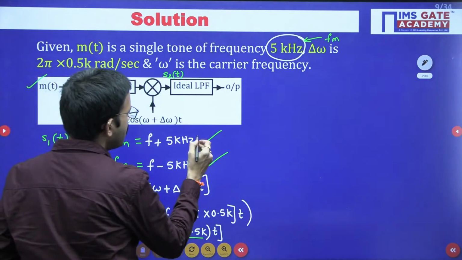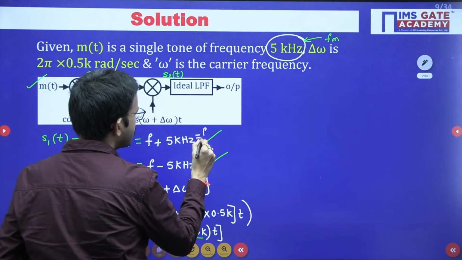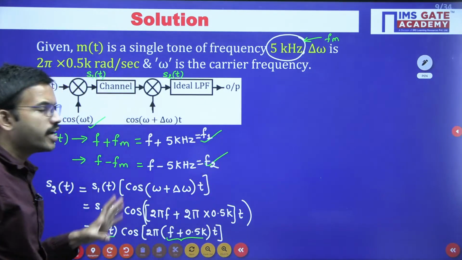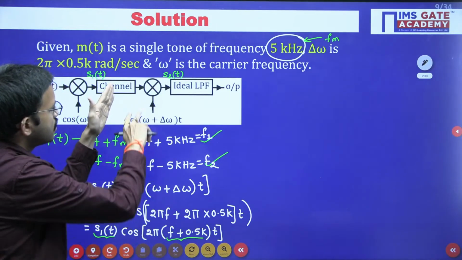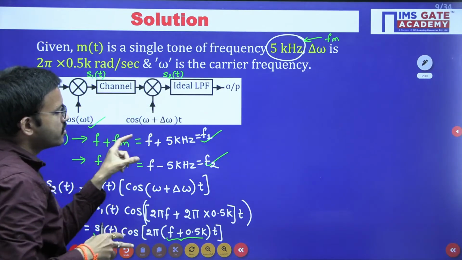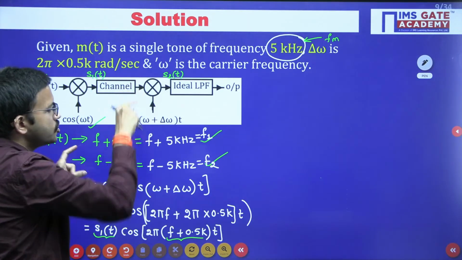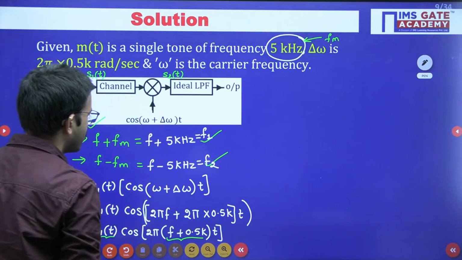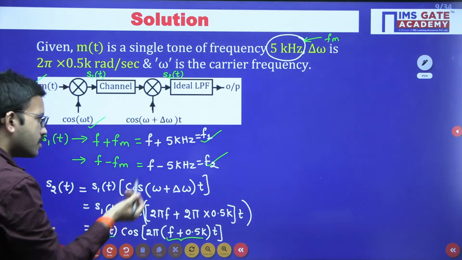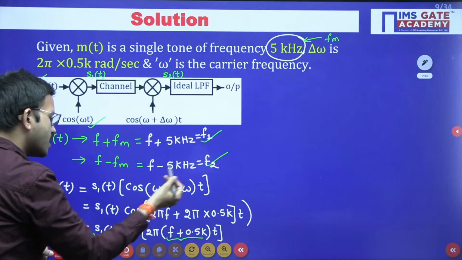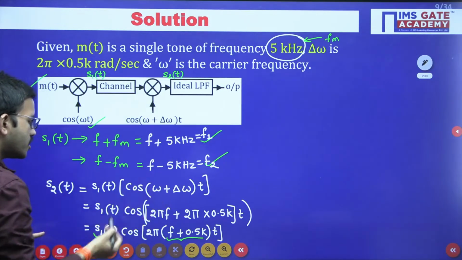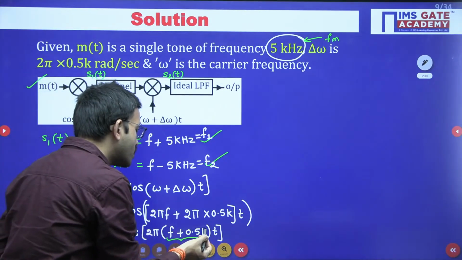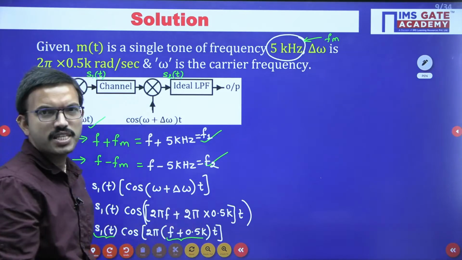For the time being, you can label one as f1 and the other as f2. Both are related to S1 of t. Now regarding the carrier, we have the frequency f plus 0.5 k.